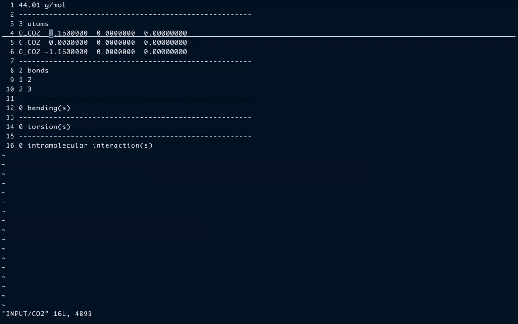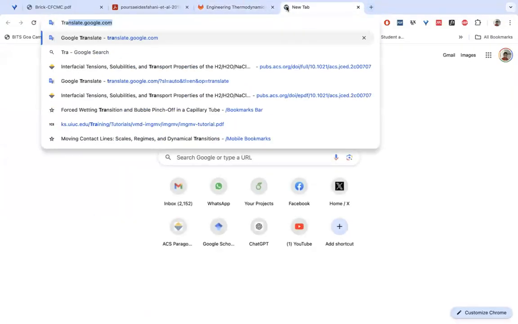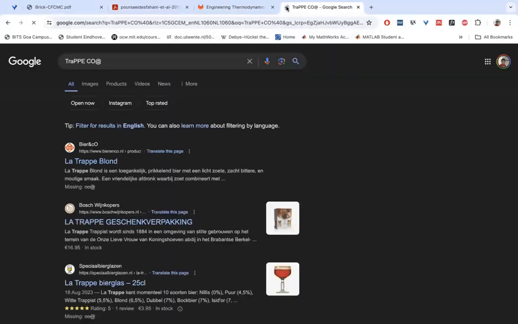And the position of the atom is 1.16 because this is the TraPPE force field. Then you need to adopt the geometry that is provided in the TraPPE database. And I've already shown you the website corresponding to the TraPPE database. Now, if you really want me to go through it once again, we can do that.